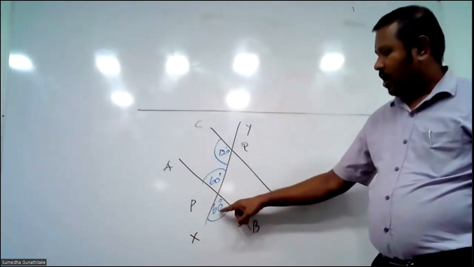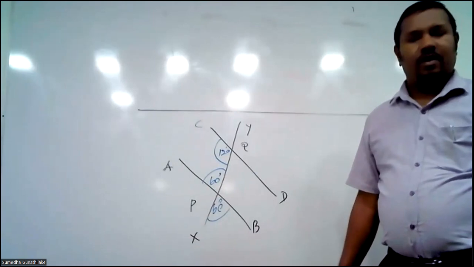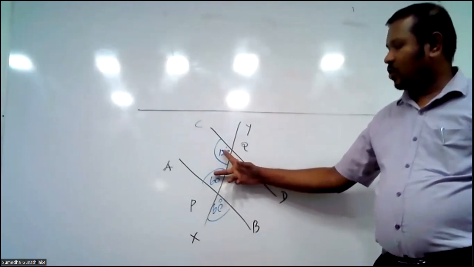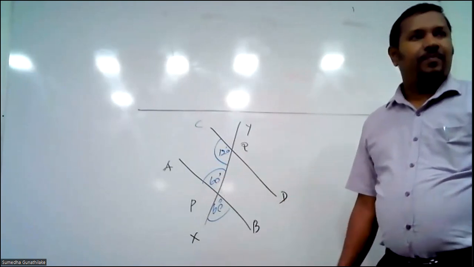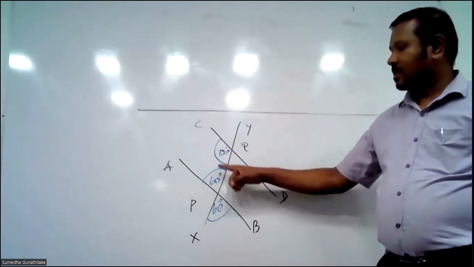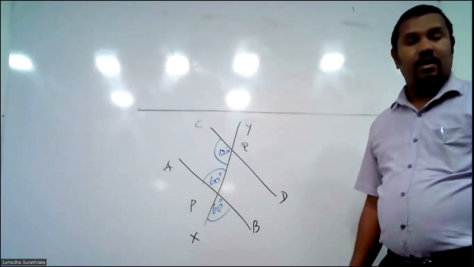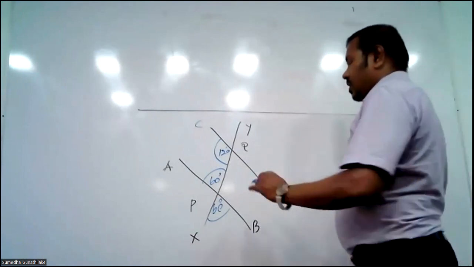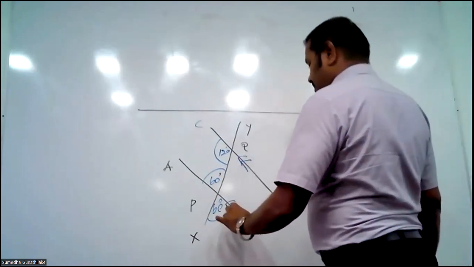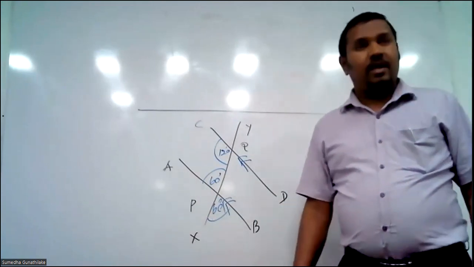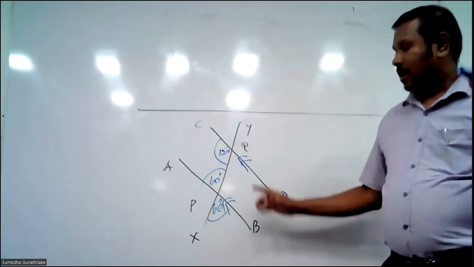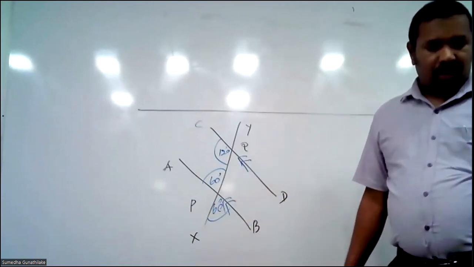These two are vertically opposite angles. This is 60, and the sum of these two angles, what are they? Allied angles. The sum of the allied angles is 180 degrees. Therefore, these two are parallel. Someone's statement is true. They are parallel.